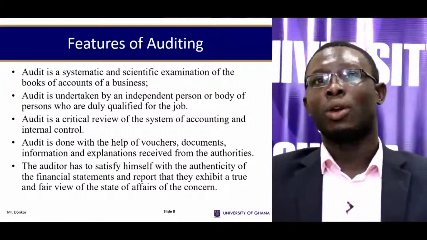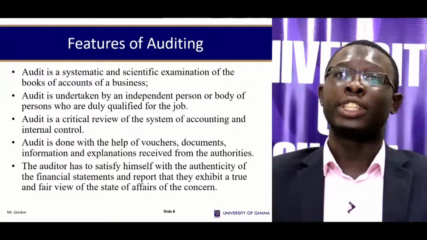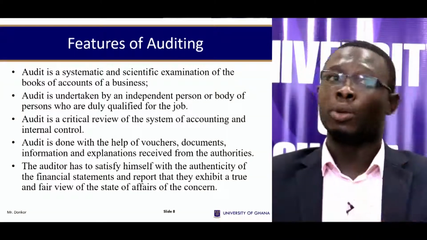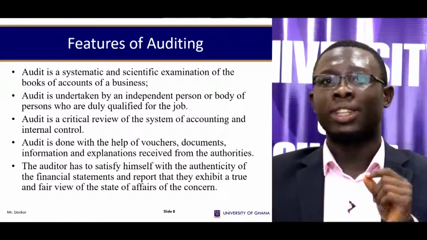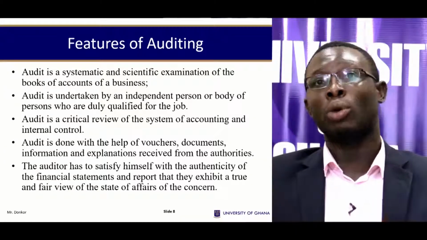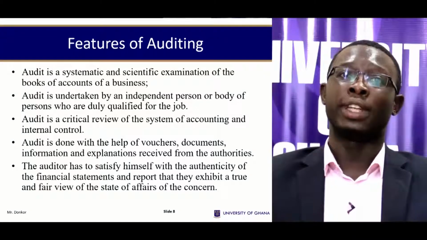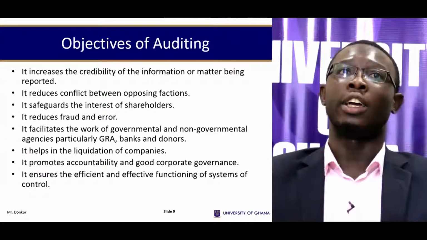Audit is done with the help of vouchers, documents, information, and explanation received from the authorities, which later on we are going to know as management representations. The auditor has to satisfy himself with the authenticity of the financial statement and report that they exhibit a true and fair view of the state of affairs of the concern or the entity involved.